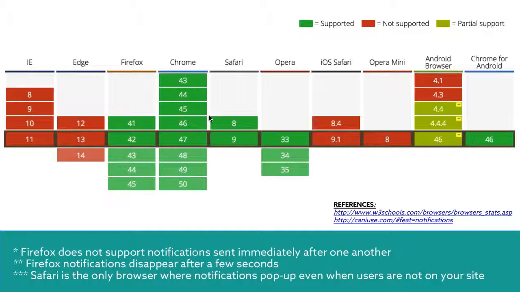All the way on the right, I would like to point that out. I find that really interesting to see that Chrome for Android is already supporting desktop notifications. It kind of reinforces the idea that this is where we're moving towards. This is just growing, and that basically means that if you're on your phone and you have an Android phone and you go on Chrome and you're browsing, you're surfing the internet, you can actually receive desktop notifications.